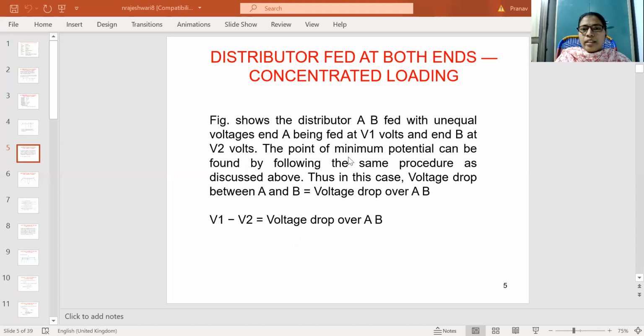The point of minimum potential can be found by following the same procedure as discussed above: by calculating currents and voltage drops, and finally all the voltage drops are added to give the total voltage drop in the distributor section. Thus, in this case, the voltage drop over AB is equal to V1 minus V2, where V1 is at point A and at end B the voltage is V2 volts.